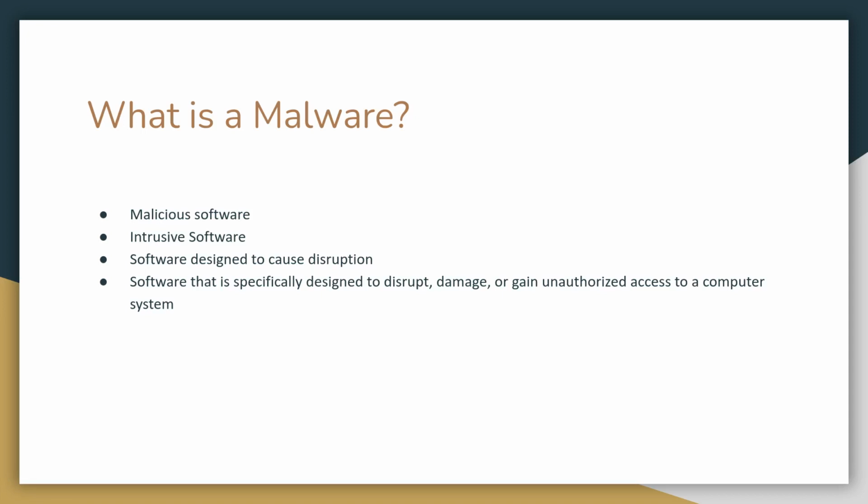They create those malicious software either to steal data, damage, or destroy computers and computer systems. Examples of malware include viruses, worms, Trojan viruses, spyware, adware, and ransomware, which has been hot lately.